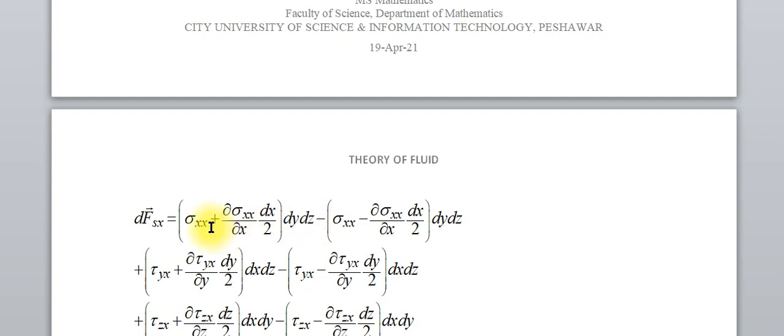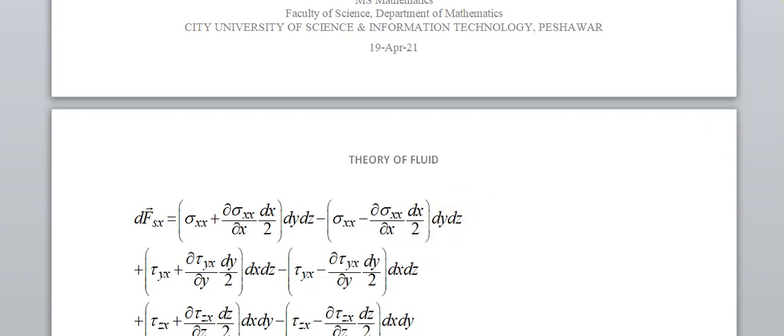Now this is the x plane in the x direction, and this is the y plane in the x direction. So it is entering the area in the x direction, but the y plane.